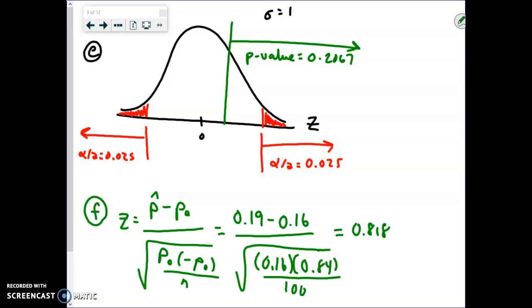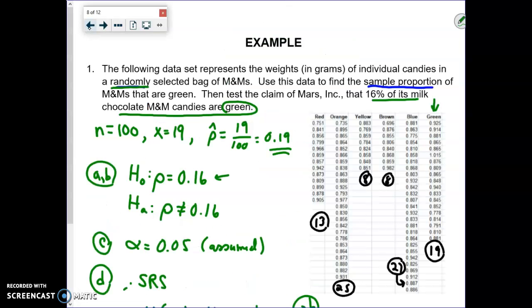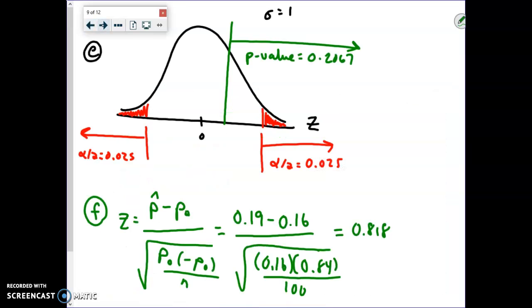Again, this was a two-tailed test. Why is it a two-tailed test? Because our alternative hypothesis was not equal to. So we also have to then look at the left side here and use the p-value on this side, which being symmetric, is going to be exactly the same thing.